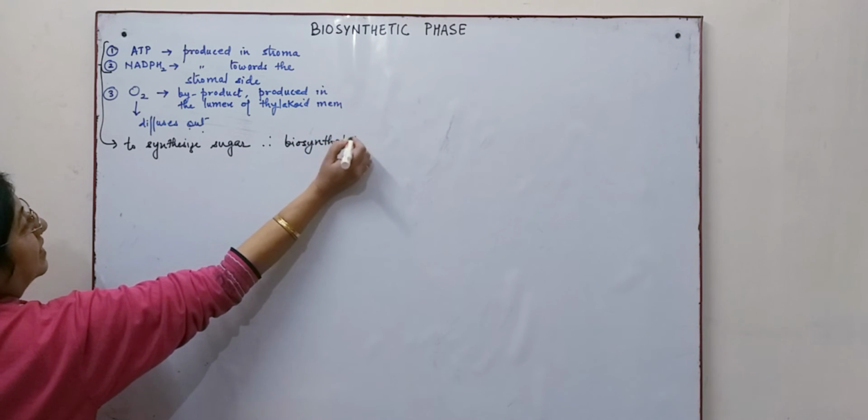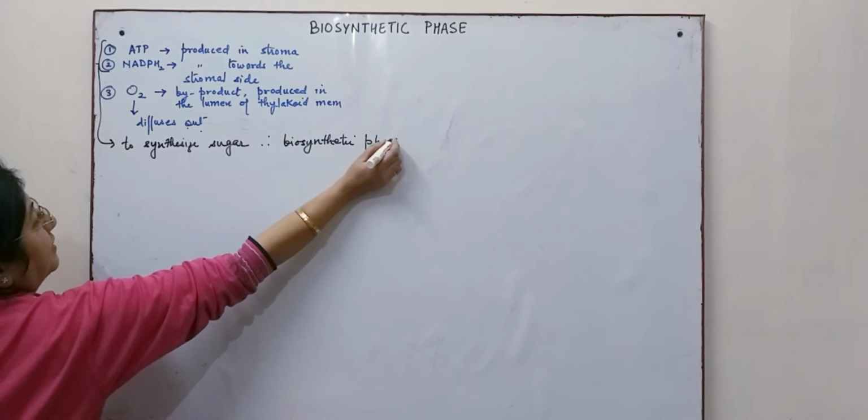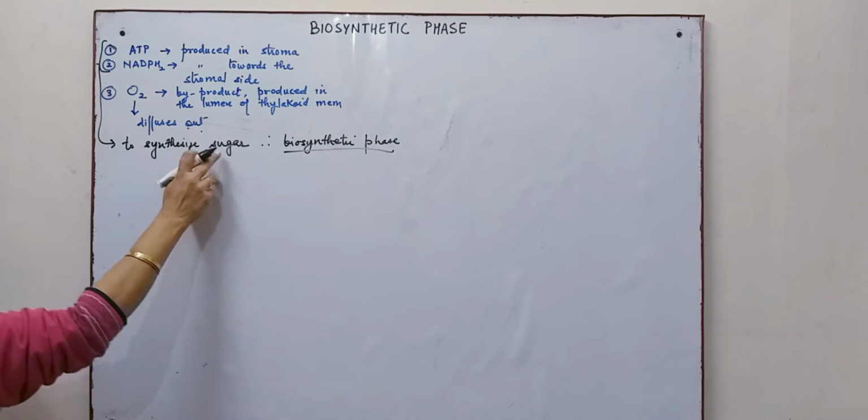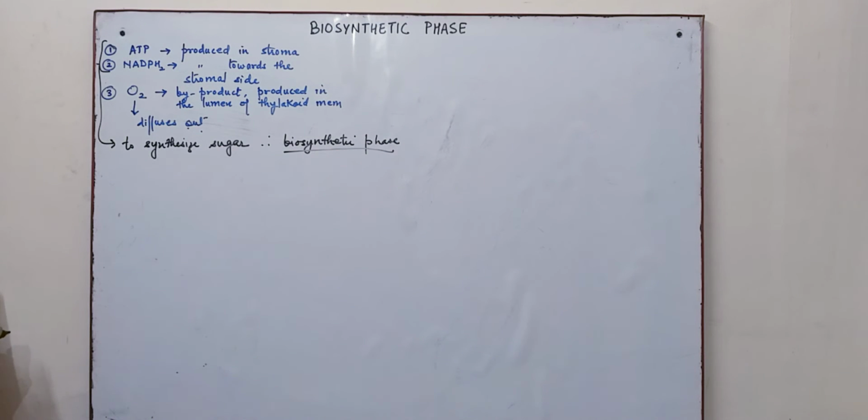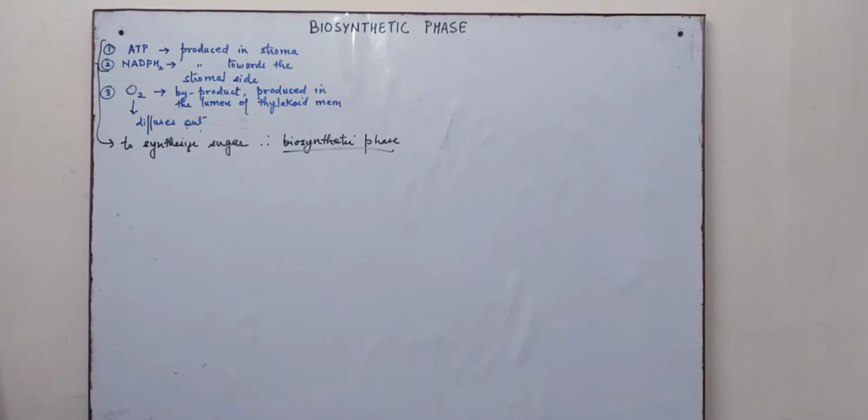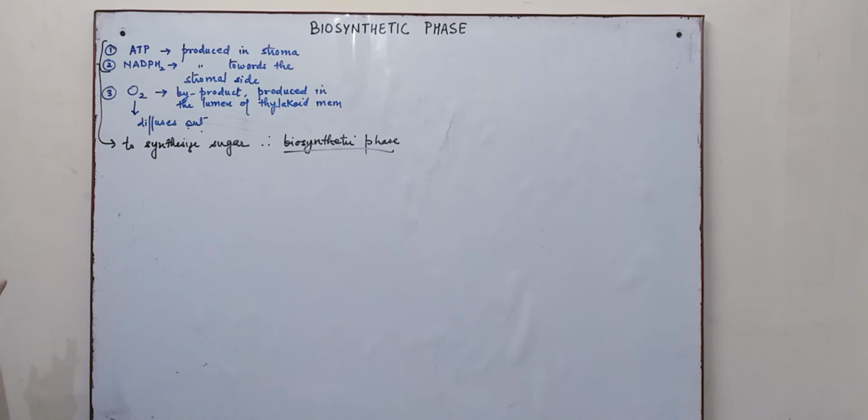Since we are using the products of the light reaction to produce sugar, it is known as the biosynthetic phase.